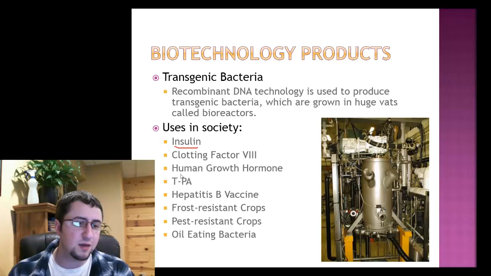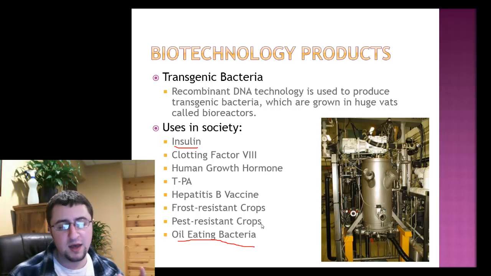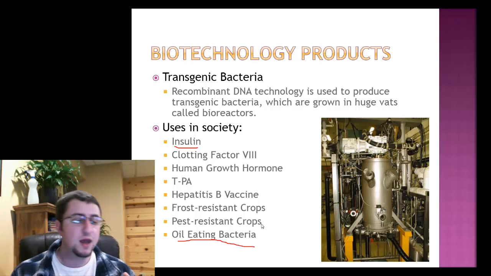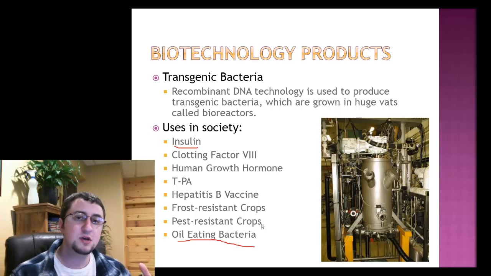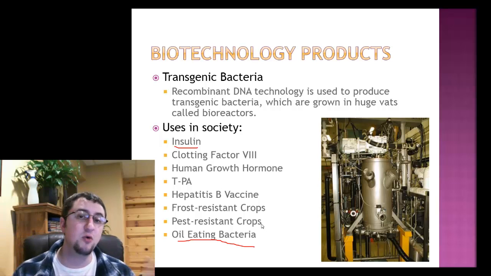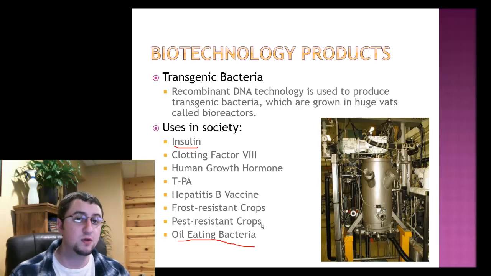We can make bacteria almost make any protein for us. Here's a few examples. Human growth hormone, vaccines, certain oil-eating bacteria, so we can actually alter the way that bacteria eats, and so we can change some bacteria to eat oil, so in case there was an oil spill, we can now use bacteria to kind of clean it up.